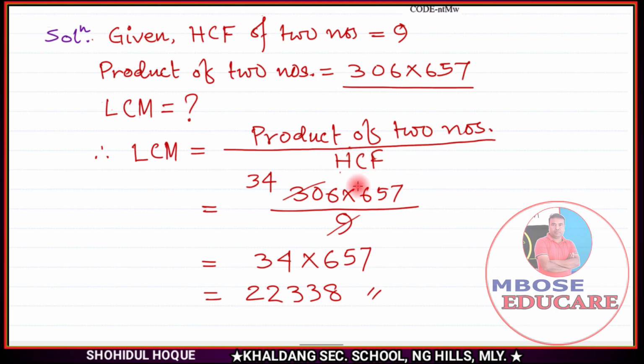In the place of HCF, we shall write the value of HCF, that is 9. So 9 is written here. Now by 9 we can cancel 306, we shall get 34. Now what to do? 34 we have to multiply with 657. 34 multiplied by 657, product will be 22,338. So this is the answer.